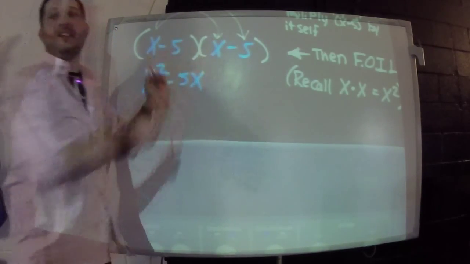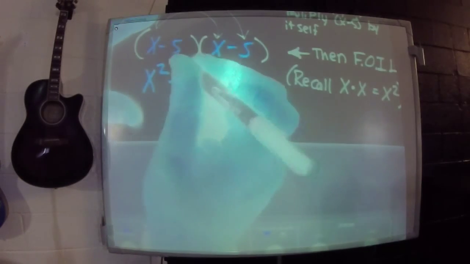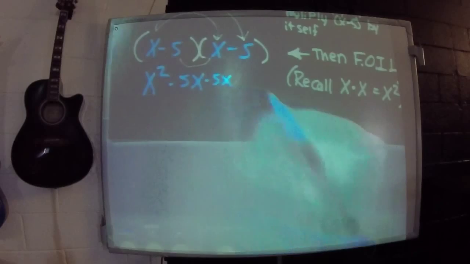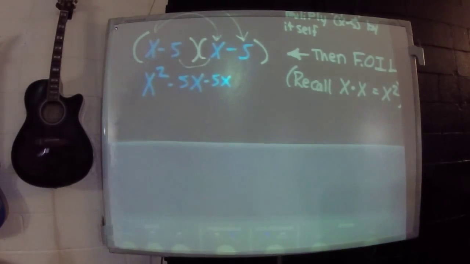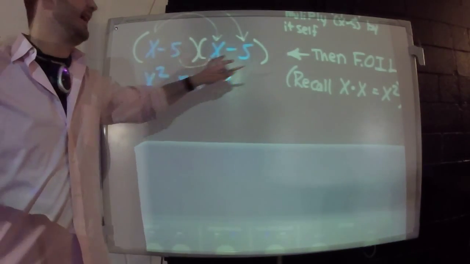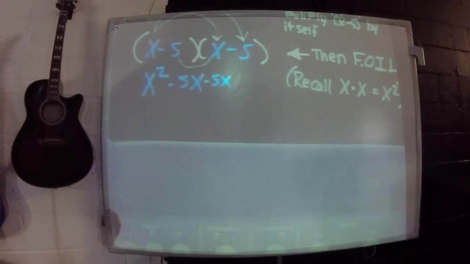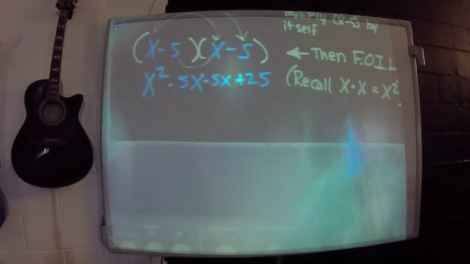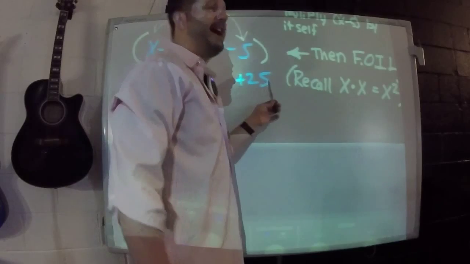Your I is negative 5 times x again, so you have that twice. And now be careful here. Negative 5 times negative 5 is positive 25. Make sure that we understand that's positive 25. So there's your F, your O, your I, your L.